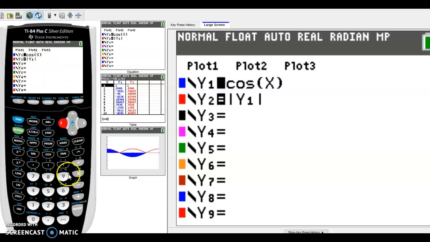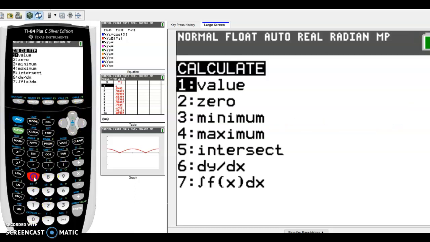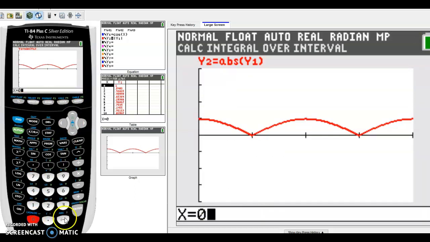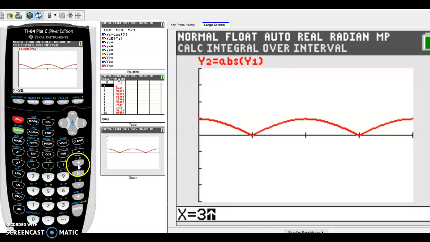So what I'm going to do is turn off the original curve by just going to the equal sign and hitting enter. It will notice that it's no longer highlighted. So the calculator will only graph the curve that's highlighted, which is the red curve. And then find the integral, which is number 7, from 0 to 3 pi on 2.